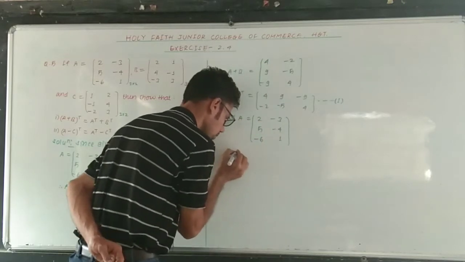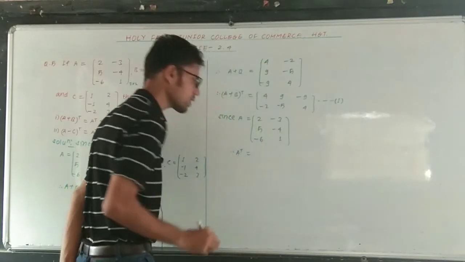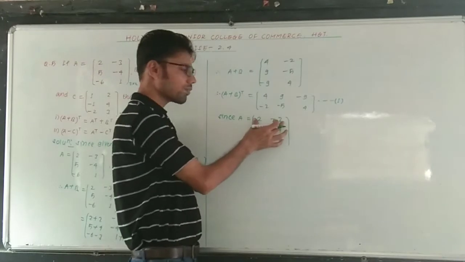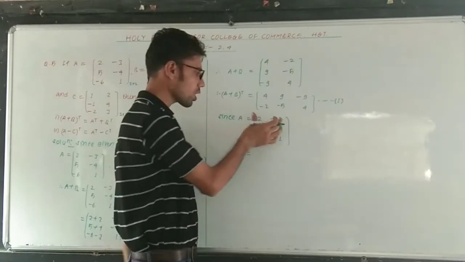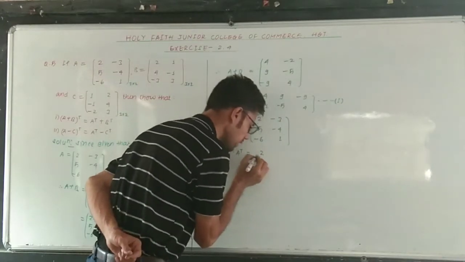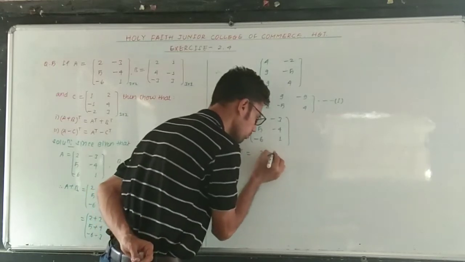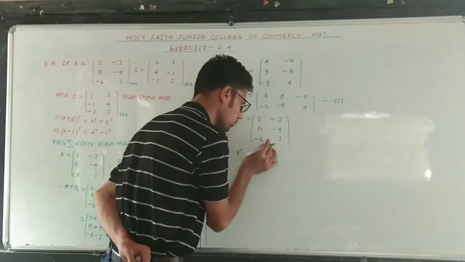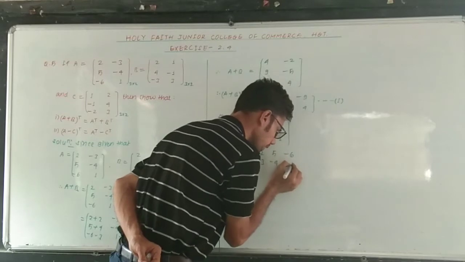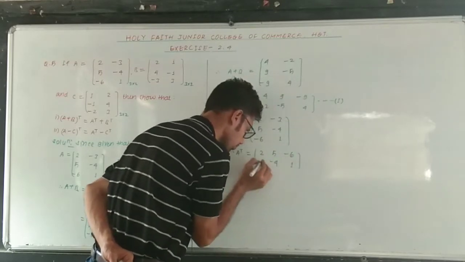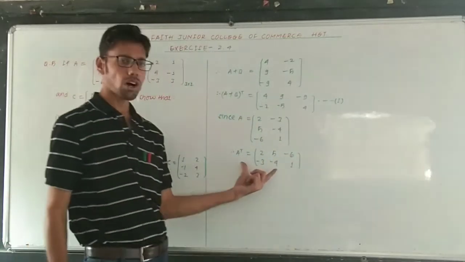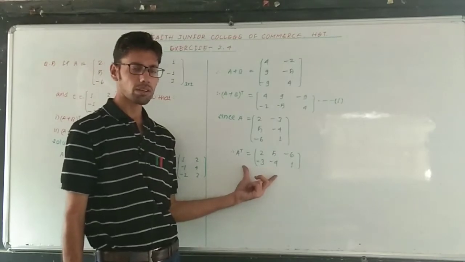Therefore transpose of A is equal to: we convert the first row 2, minus 3 into the first column, second row into the second column, and third row into the third column. This is the value of transpose of A.